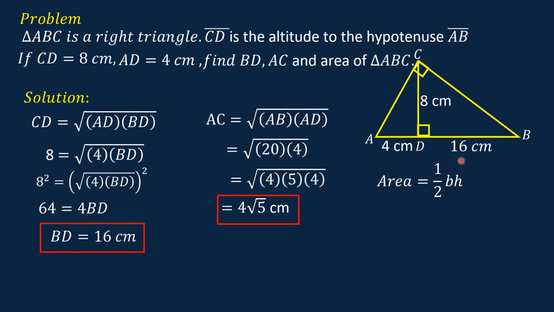So we substitute 20 for B and then 8 for H. So this is now equal to 1/2 of 20 times 8. And this is equal to 80. So the area is equal to 80 square centimeters.